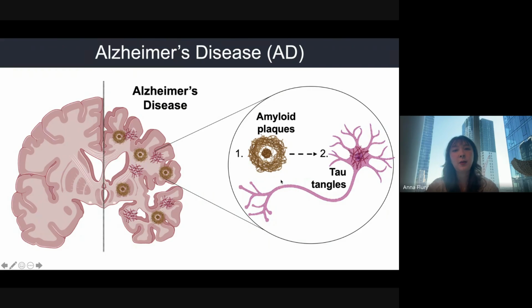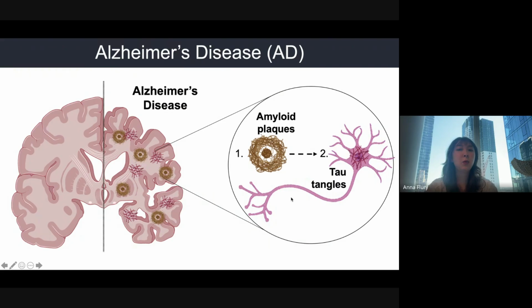There's also now been established a general temporal order in which these protein aggregates start to appear widespread in the brain, with amyloid plaques appearing first, and then generally tau tangles come later.